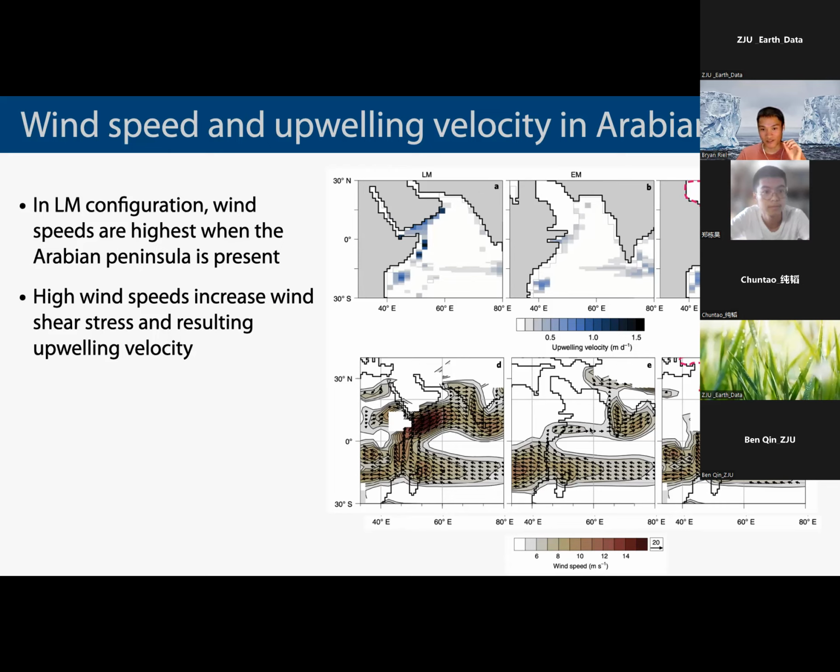So this is a weak Somali jet. This is the strong Somali jet. And what this leads to is very strong upwelling velocity, very high vertical velocities in the ocean right off the coast of the peninsula. So you have stronger winds, more upwelling, more nutrition availability in the oceans.